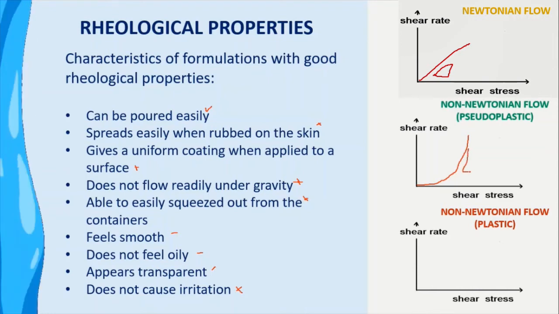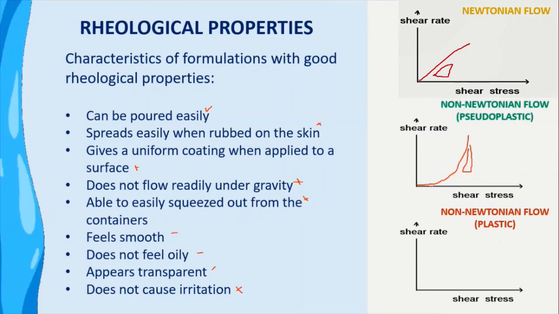As the gradient increases, you can see it flows faster because the gradient is very steep. You see there is much y gain with a little increase of the x value. Thus, the viscosity is greatly decreasing at high stress.